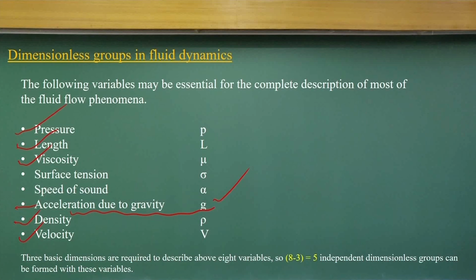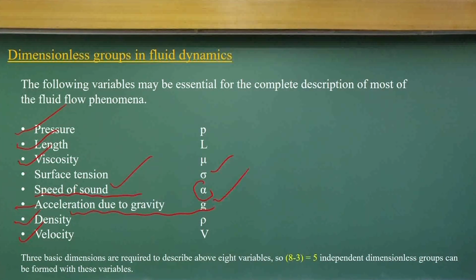When you have an interface of two liquids, two fluids, you will have a surface tension. In the same way, as we discuss many times, the speed of sound also matters for us to know the flow Mach number, or the incompressibility or compressibility of the flow.